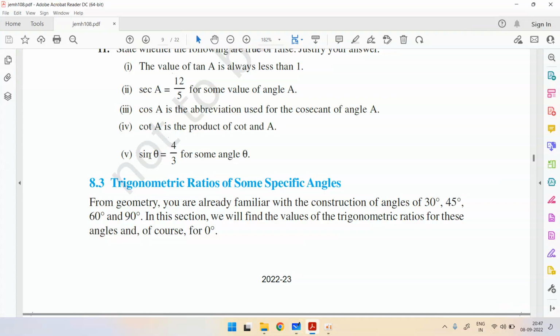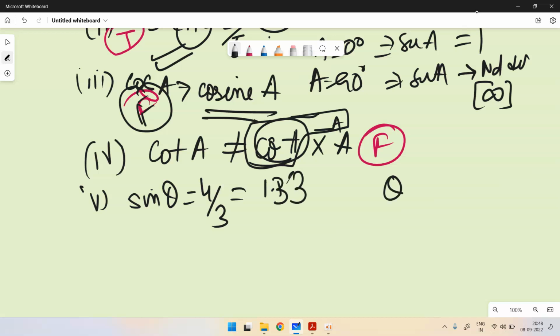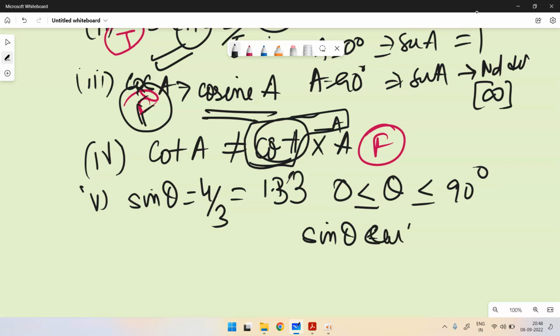Now, sin theta equal to 4 by 3 for some theta. Now if you calculate, 4 by 3 is 1.33. You know that theta goes from 0 to 90 degrees, and sin theta values go from sin 0, which is 0, to sin 90, which is 1.